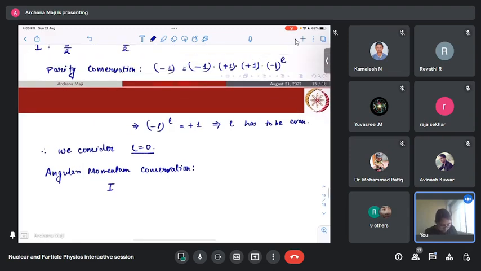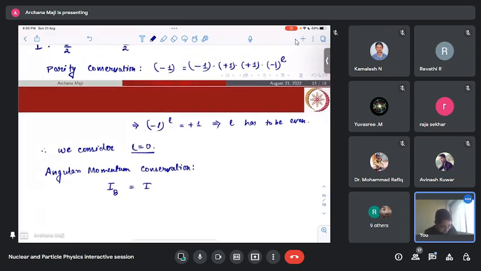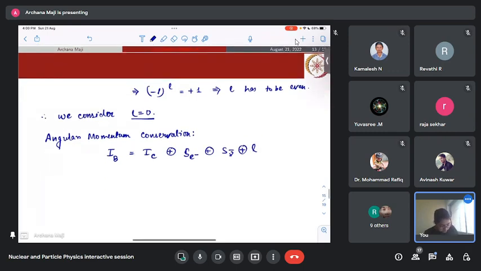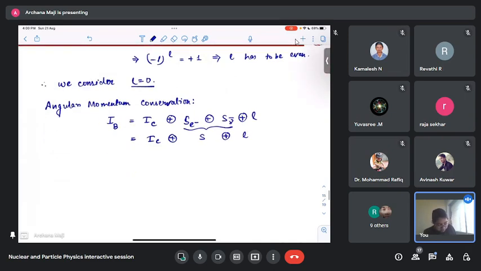Angular momentum of boron is equal to carbon plus the S value, that is S electron, plus L. Let me write it down.